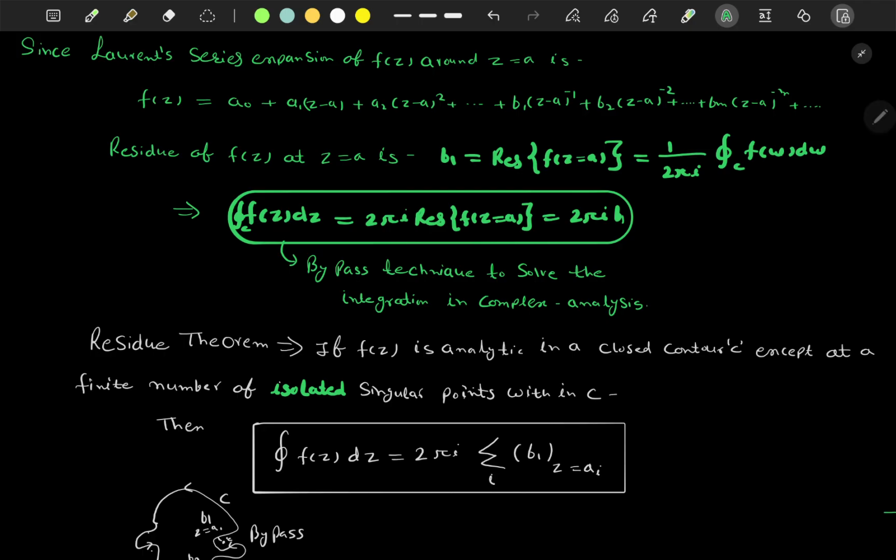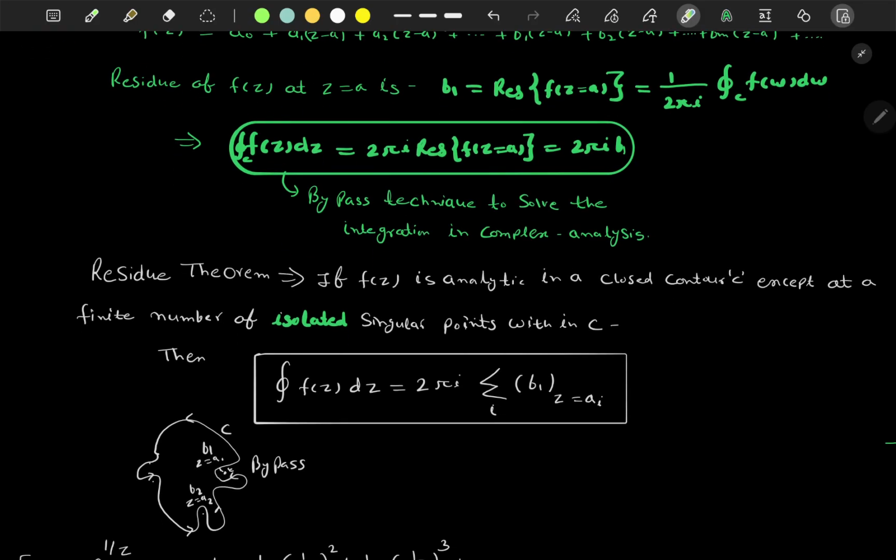So simply, residue is the coefficient of 1 by z minus a in the expansion of the function, which is generally called b1. And why is it useful? Because the value of the complex integration will be 2 pi iota times the residue. It is the bypass technique to solve integration in complex analysis.